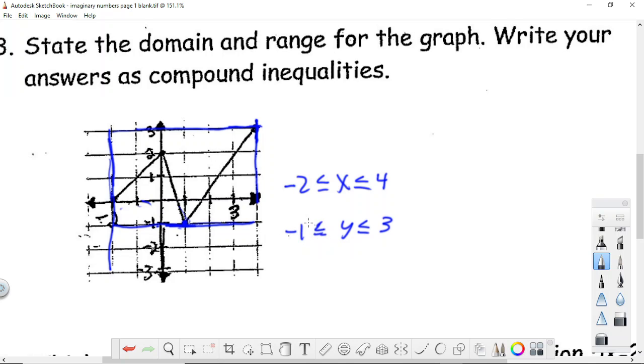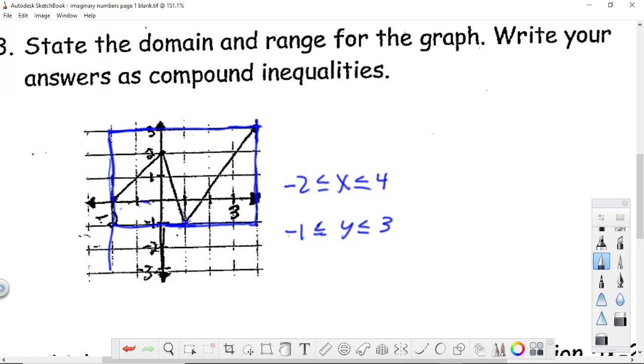So one approach to this is to just make a box that encloses the entire relation, the entire graph. And when you make that box, then the bottom of the box and the top of the box give you the limits on y.